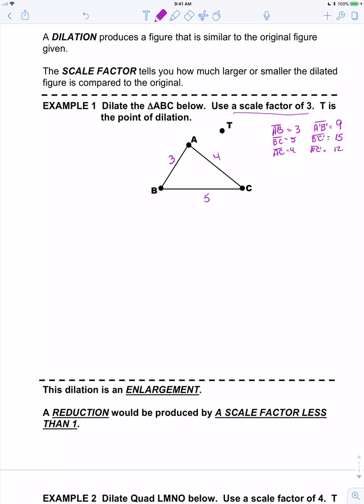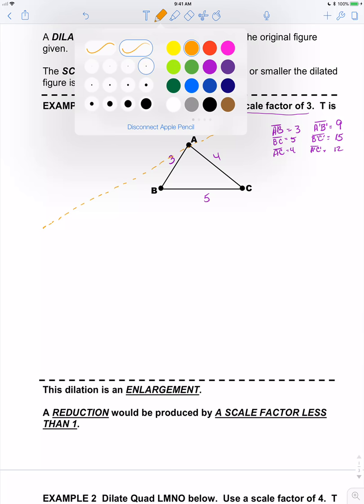Now, how do we draw these things? If it's telling you the point of dilation is at T, then you take a ruler and draw a line through each one of those points. I'm going to do each line a different color here. T is going to go through A to create the new A. It's going to be something like that, and you can tell I can't do this very well without straight paper.